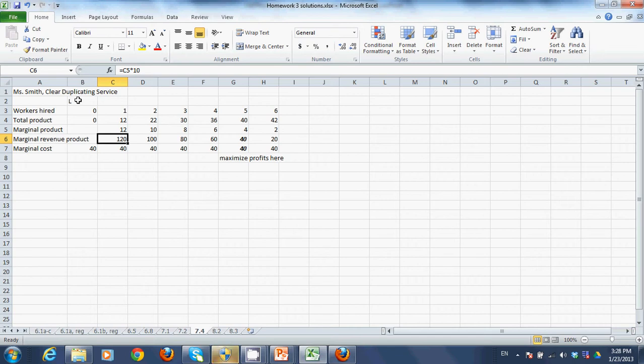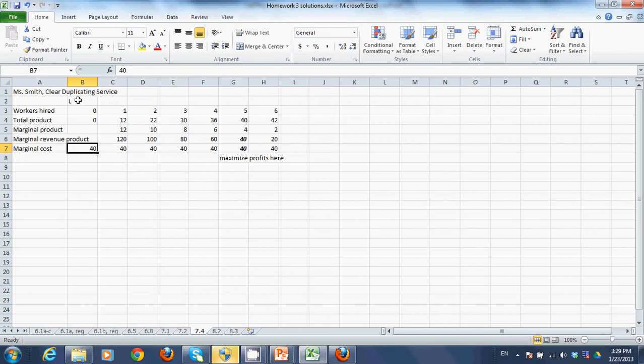They said the price of each unit is $10. So she's not facing a downward sloping demand curve. She's not facing a problem with exhausting the market and having to lower her prices to move more product. So marginal cost is 40. It's always the same. That's how much the worker costs.